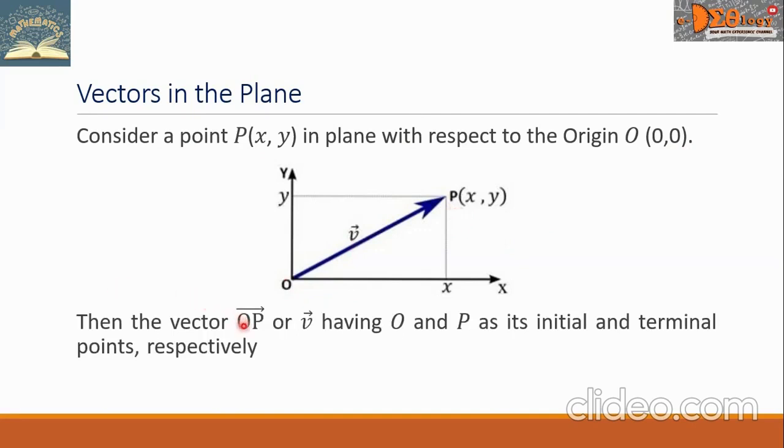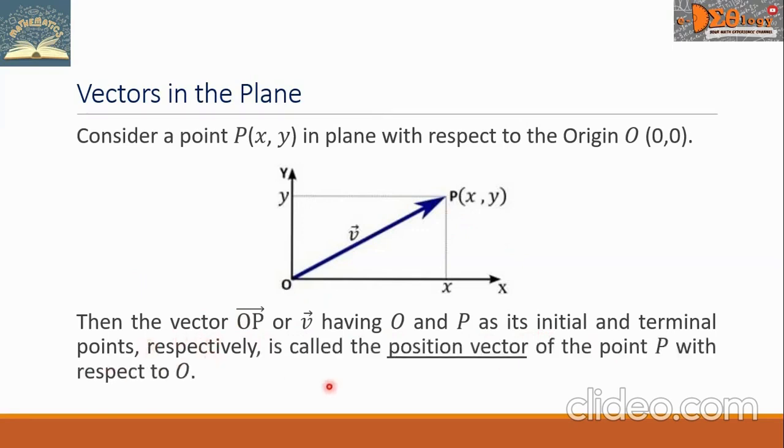Then the vector OP or vector v having origin and point P as its initial and terminal points respectively is called the position vector of the point P with respect to origin O.